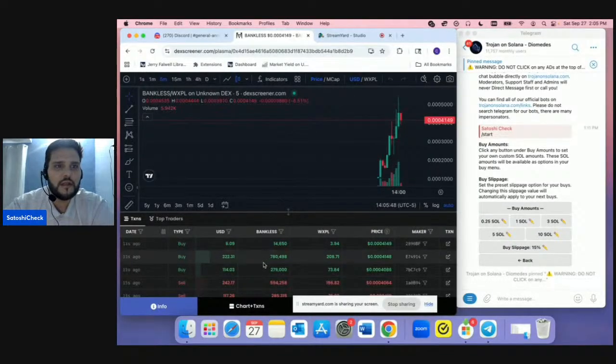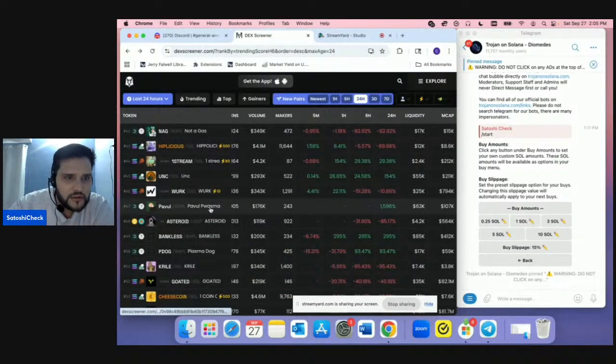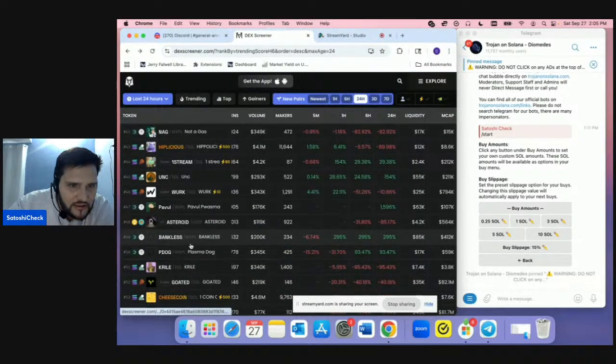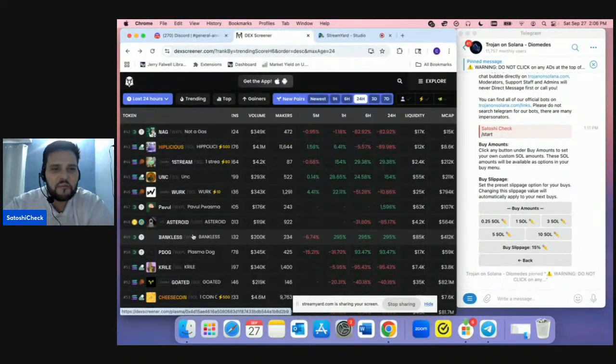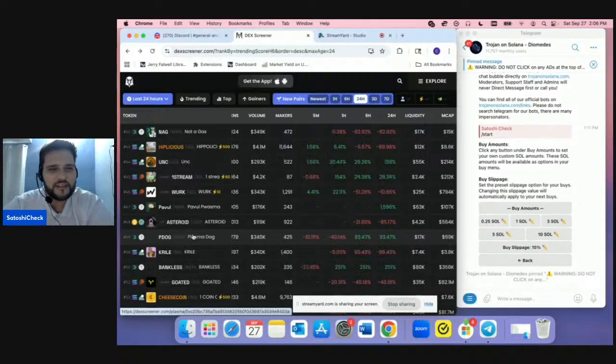So this one is one of those we can look at. You know, various tokens here. So where was this on? So that's XPL. Oh wow! So we got the XPL. We got Plasma. That was one of our moves. That was a good play.